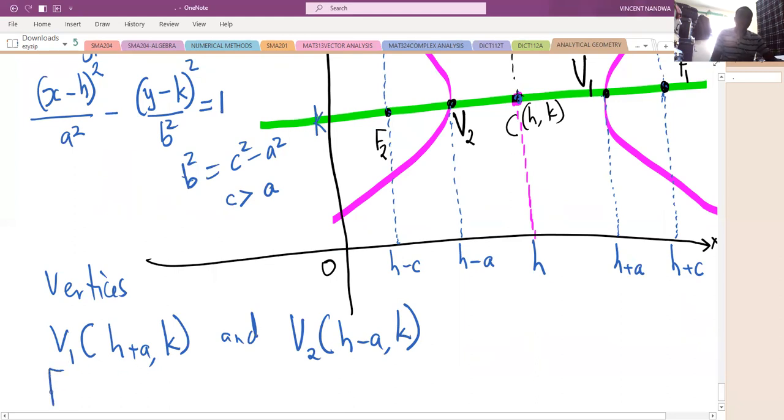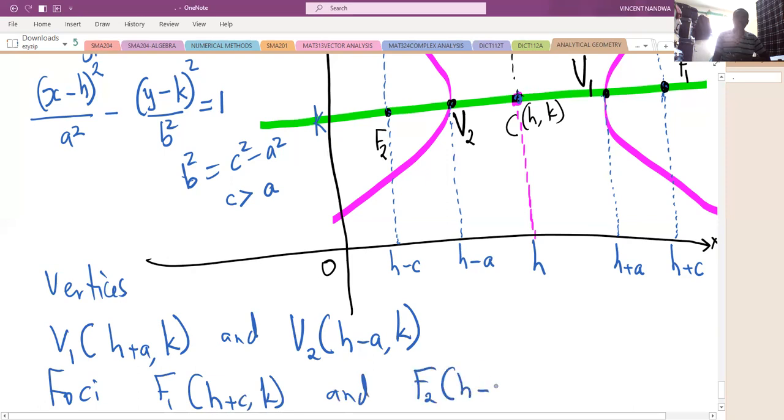And then for the foci, you can easily read the coordinates: F1 is (h plus c, k), and F2 is (h minus c, k).